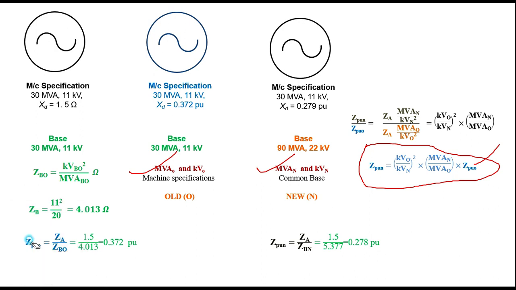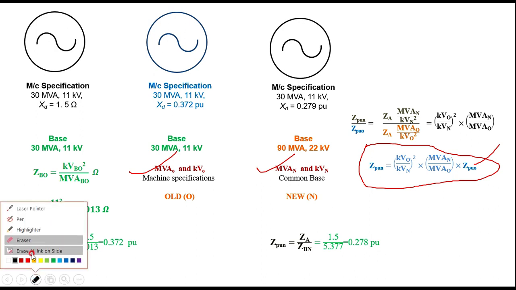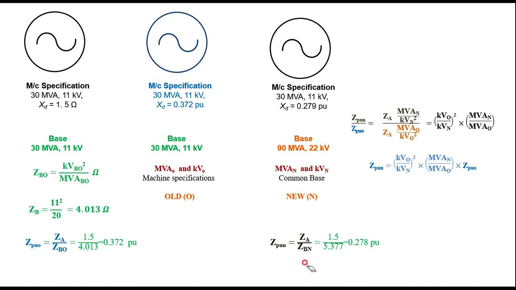Just if you are substituting, kV old is 11, kV new is 22, MVA new 90, MVA old 30, and old per unit is 0.372.